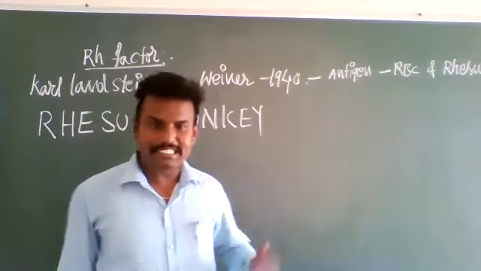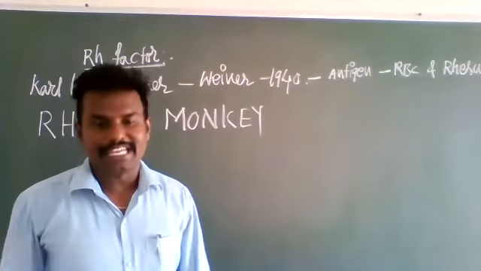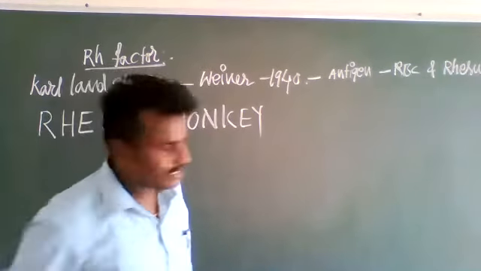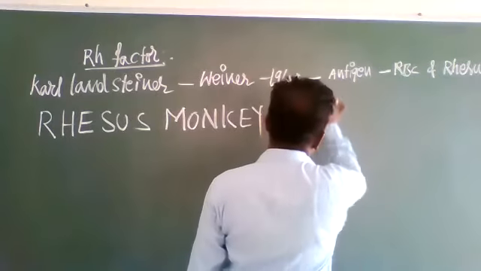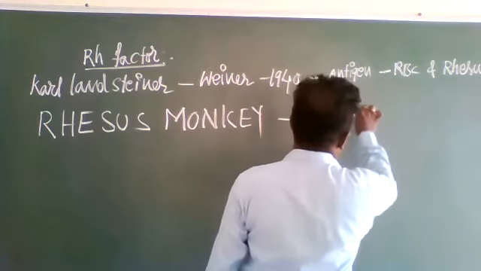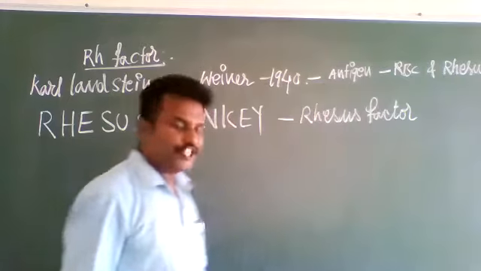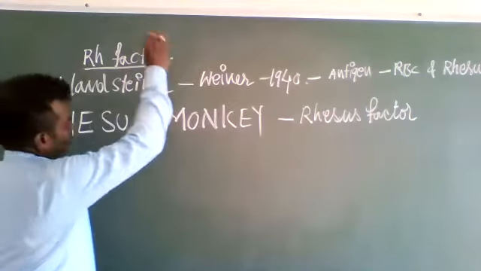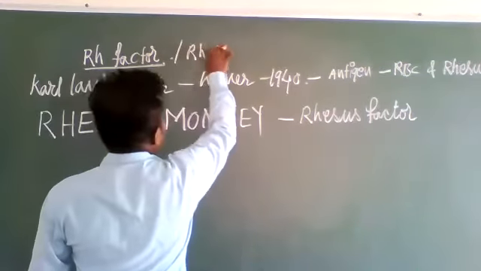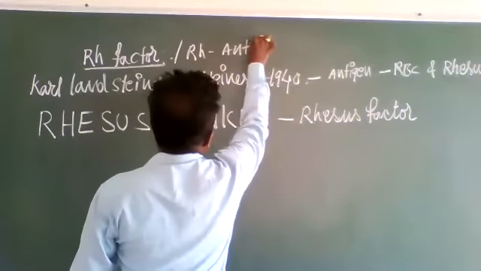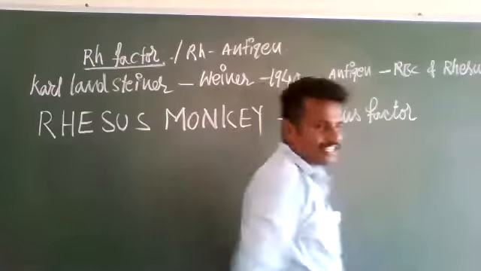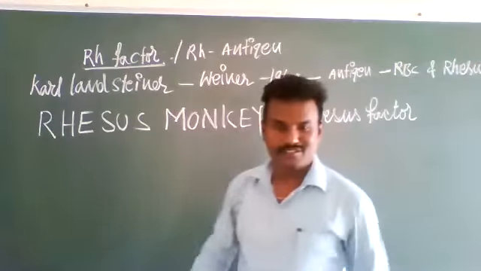Since this factor was first discovered in the rhesus monkey, it is called the rhesus factor, short form Rh factor or Rh antigen. So this is the introductory history of the Rh factor.